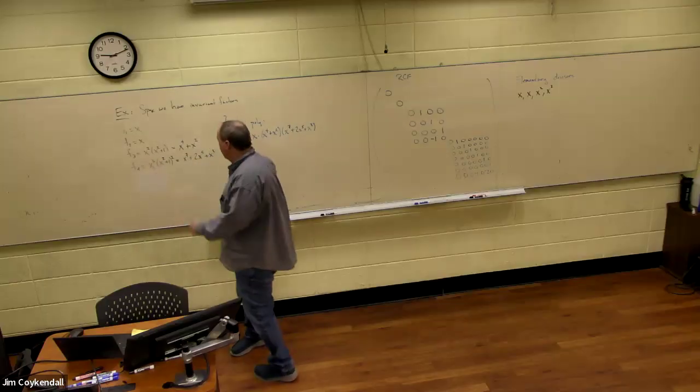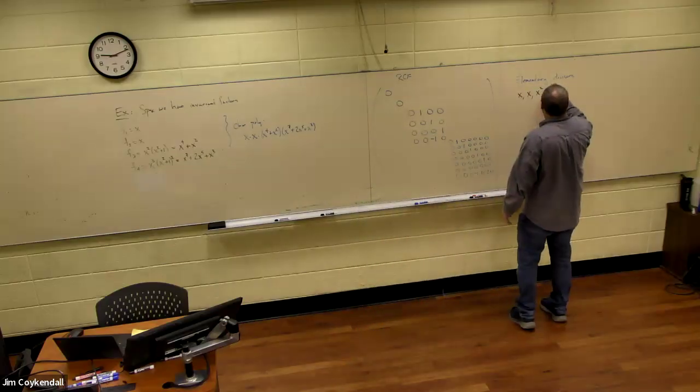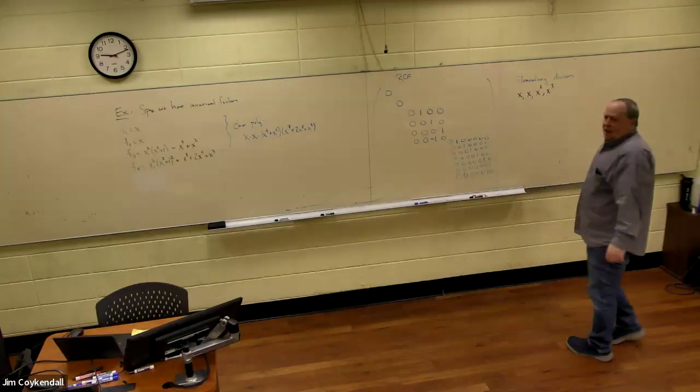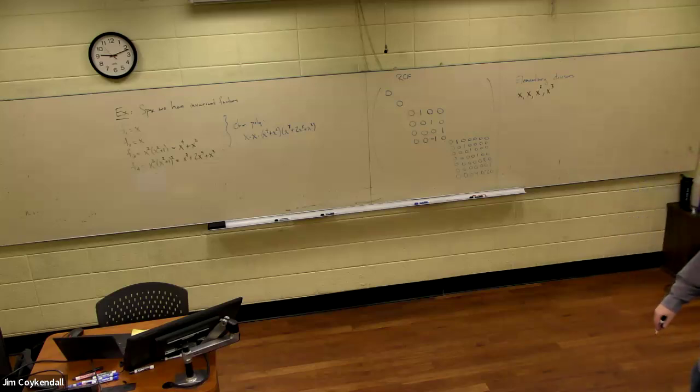Those are the prime powers that appear in the invariant factors, right? But now, what do I have to do to proceed forward with x squared plus 1?